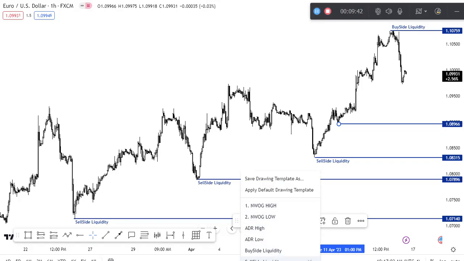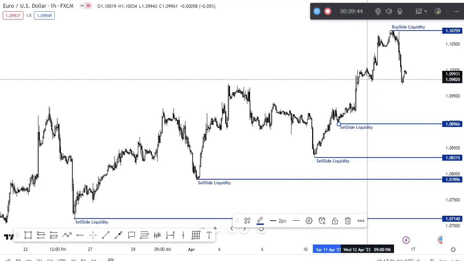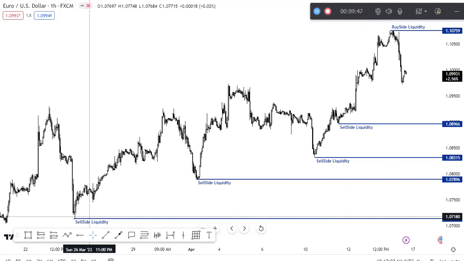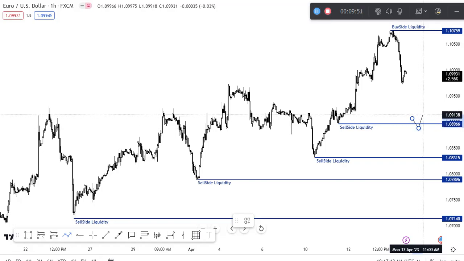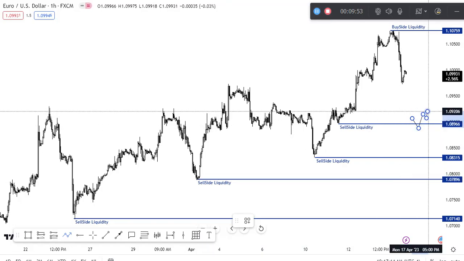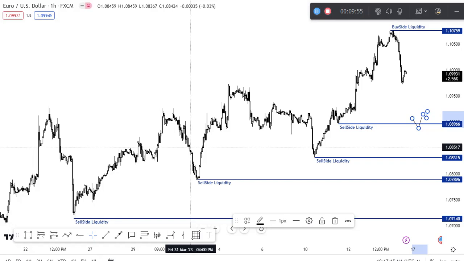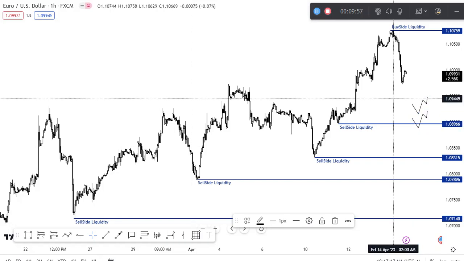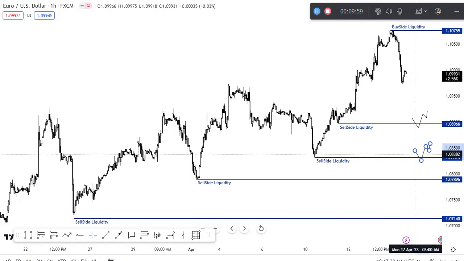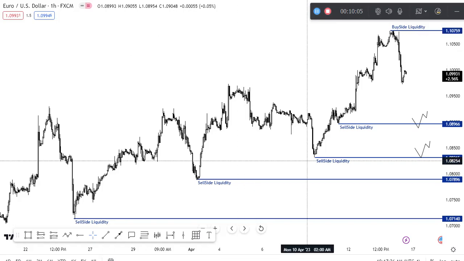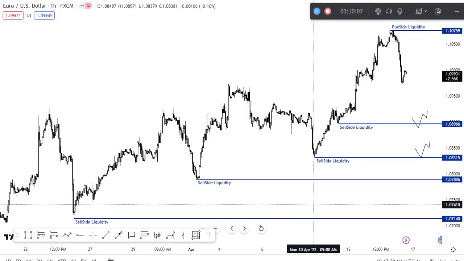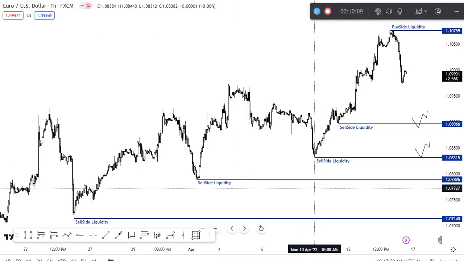So basically all the zones right here have to be taken into consideration, and then within these key areas, price may provide us with potential reversal patterns or indications that price is continuing bearish, but we also utilize higher time frame confluences to be in sync with the overall direction.